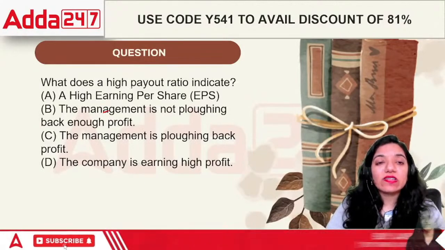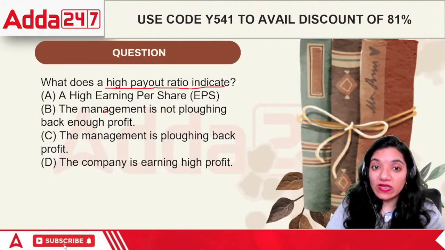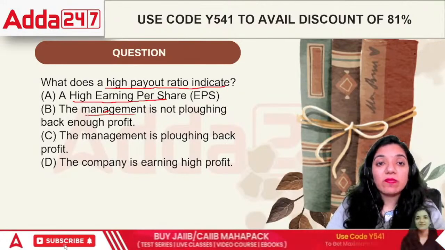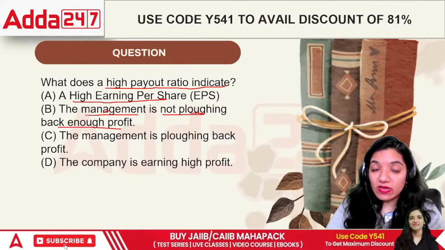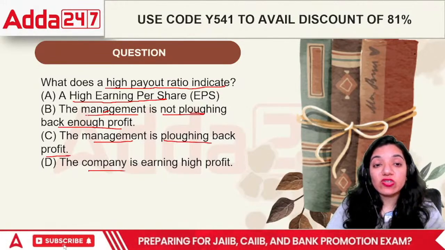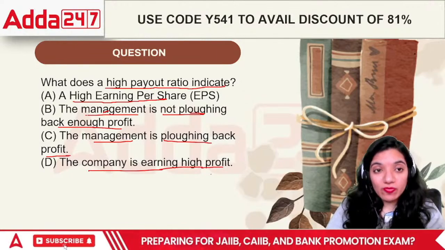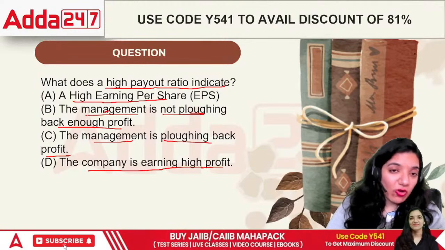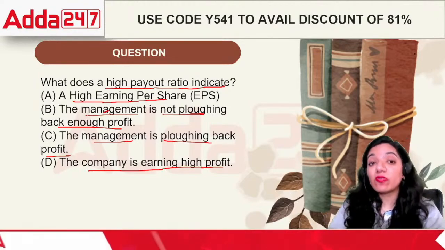Next is, what does a high payout ratio indicate? It indicates a high earning per share, or the management is not plowing back enough profits, or the company is earning high profit. A high payout ratio indicates the organization is paying a good amount of money to the people.